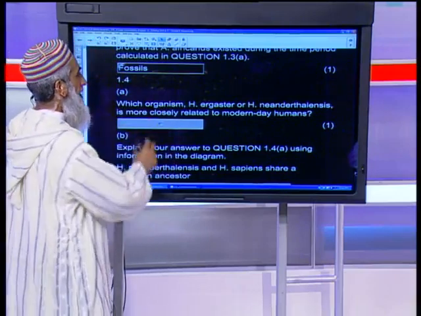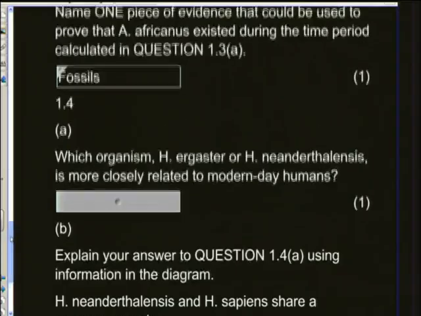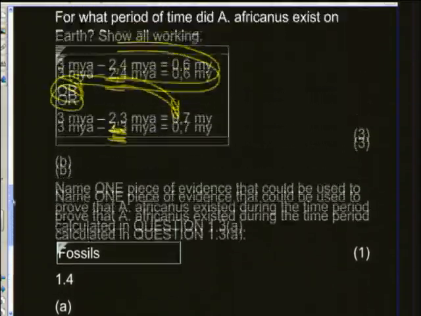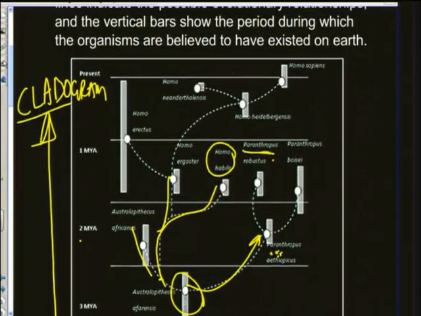Which organism, Homo ergaster or Homo neanderthalensis, is more closely related to modern day humans? Now let's go back there. So we look at ergaster and Neanderthal. Modern day humans is Homo sapiens. That's modern day.